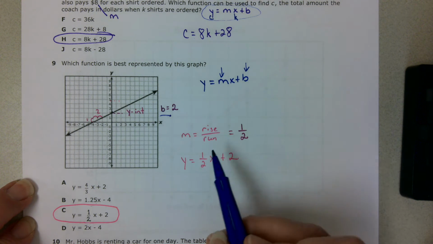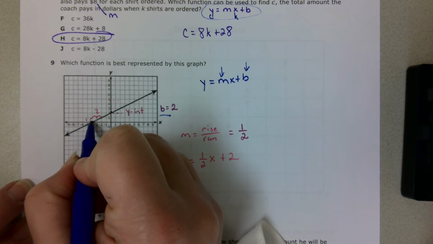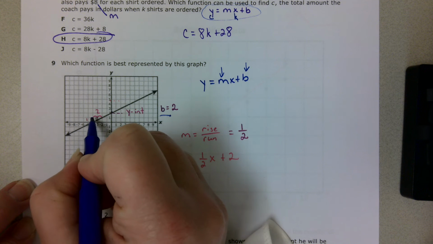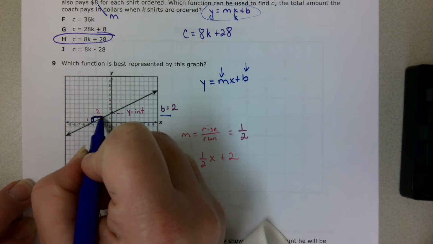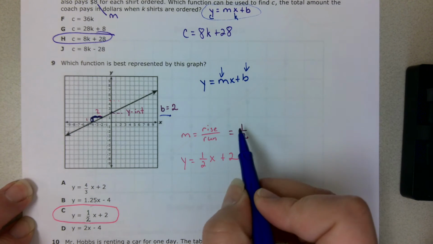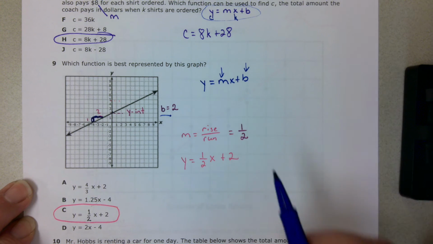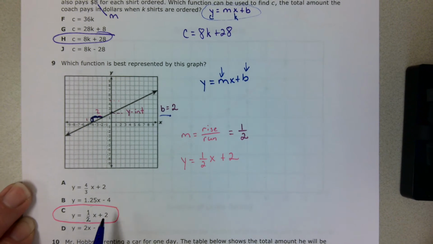Then I needed to find my slope, which I used rise over run. And then I rise 1, and then I ran 2. This is my triangle here, right? So rise 1, run 2, my slope is 1/2. Y equals 1/2 x plus 2, and that is right here, option C.